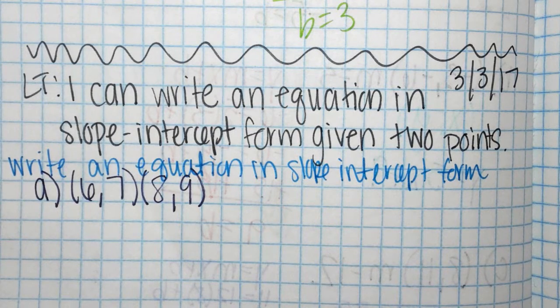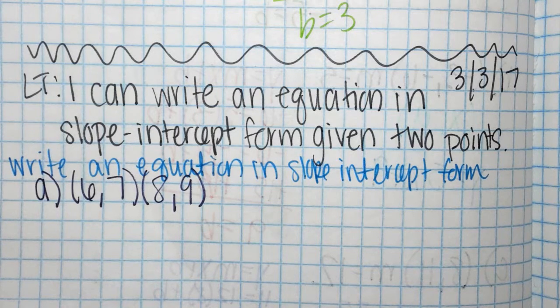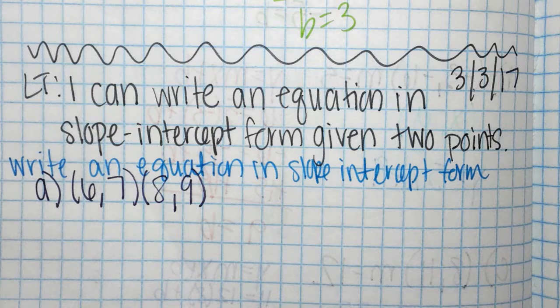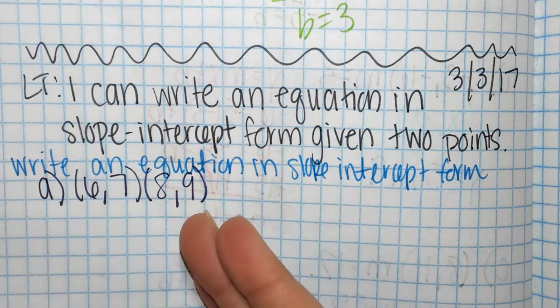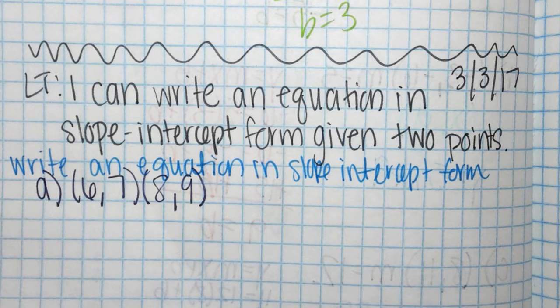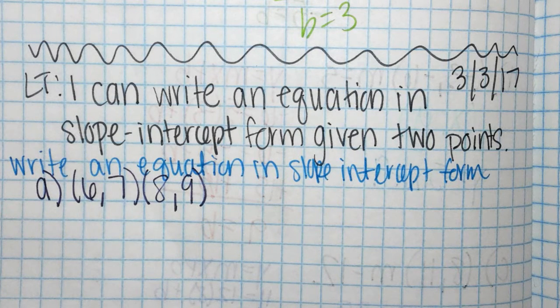Now, this time, we don't have the slope, we don't have the y-intercept. Now, do we have a way to find slope? Yes, we do. We've done that before. So now we're adding everything that we've been doing to get us to this point. So there's a reason that we do the things we do.